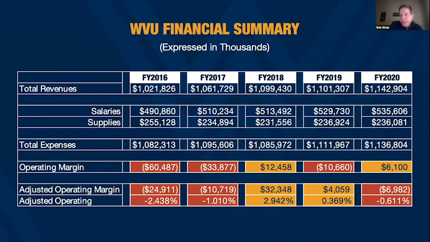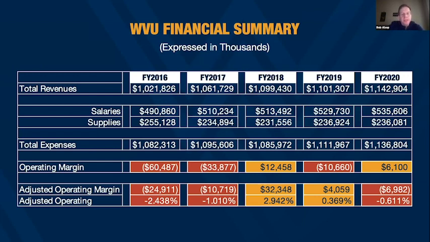Our margins have been anywhere from a -2.5 to a +3 over that period of time. And you can see for fiscal year 2020, and these are from our accrued financial statements with some adjustments, our adjusted operating margin was around a -7 million.